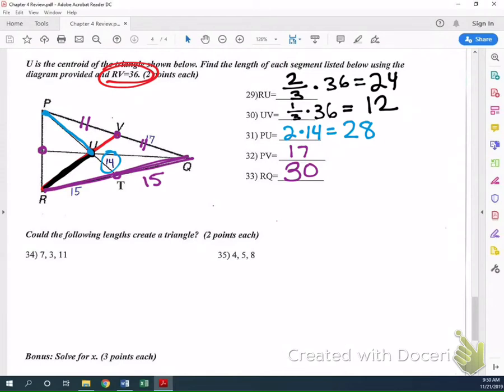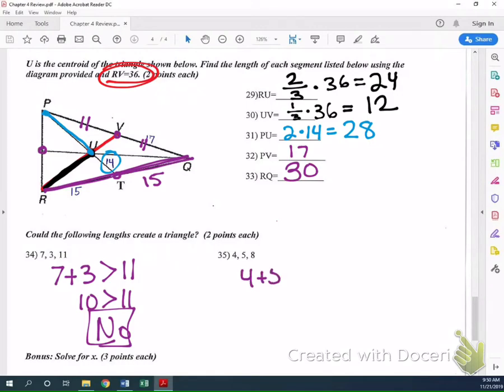All right. Next, could the following lengths create a triangle? This is what we did yesterday, where you add the shorter ones and see if it's bigger than the third side. No. This one is 10 is less than 11, which is no. Those would not make a triangle. 35, I have 4 plus 5 is greater than 8.